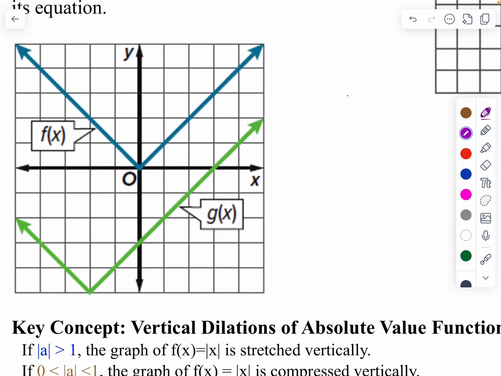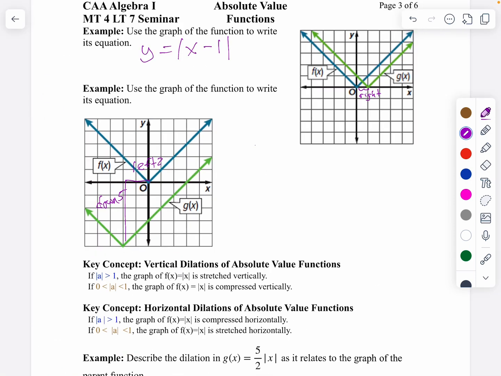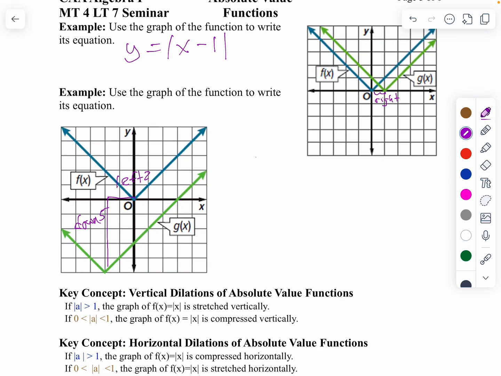On the next one, we're doing two things. I'm going to move my absolute value. It looks like I went to the left 2, and then I went down 1, 2, 3, 4, 5. I went down 5. And so now what happens here, it's x plus because I'm moving to the left.